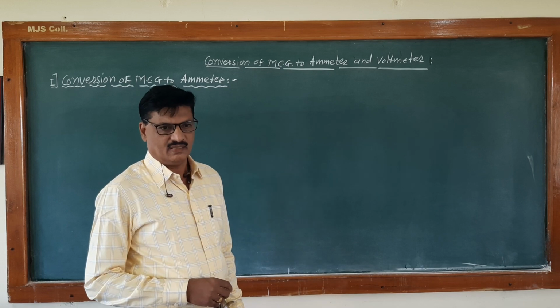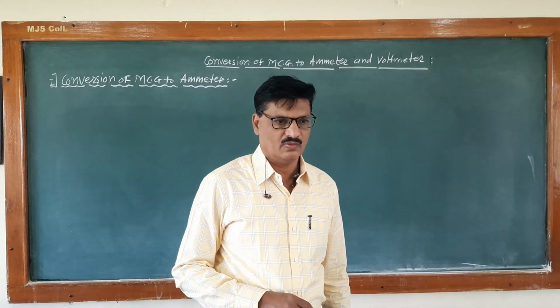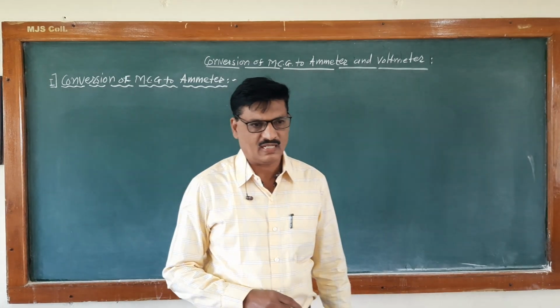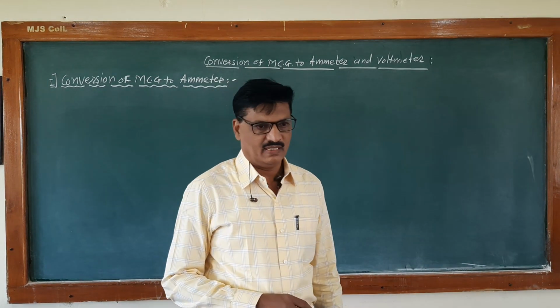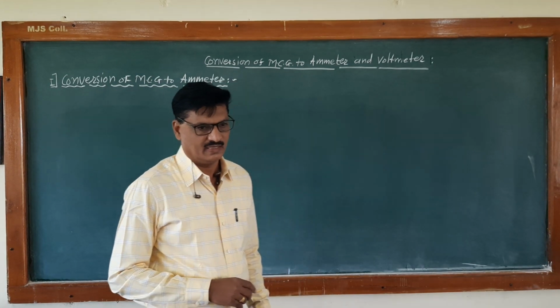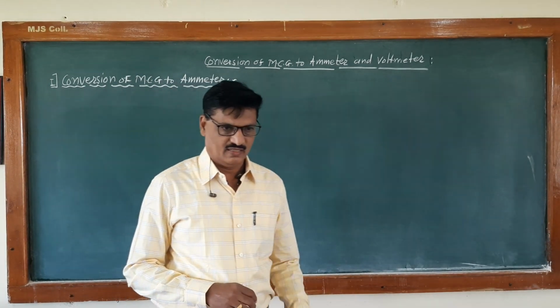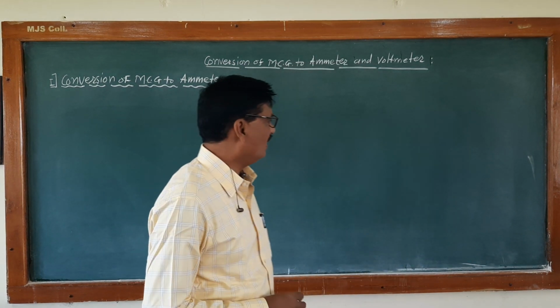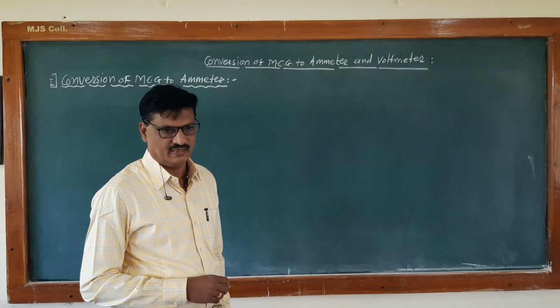Therefore, to decrease the resistance of the galvanometer, we have to connect a low resistance in parallel to the galvanometer. By connecting a low resistance in parallel, the effective resistance becomes small and a large current can be measured. This small resistance is called shunt resistance.